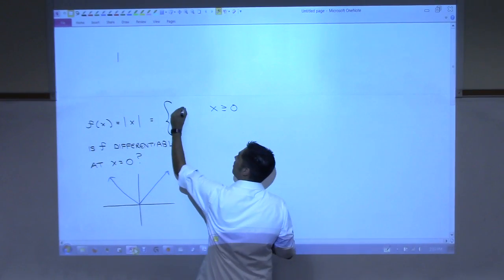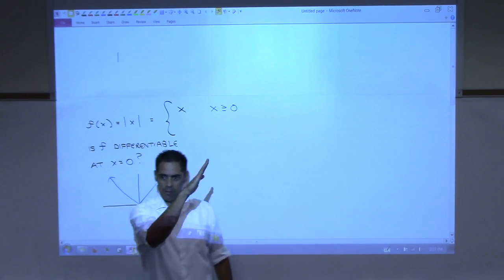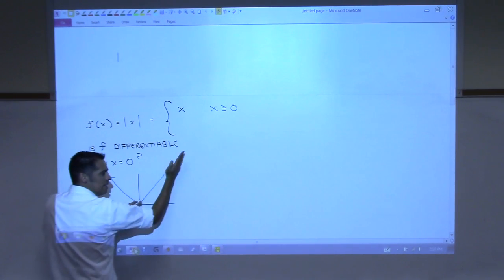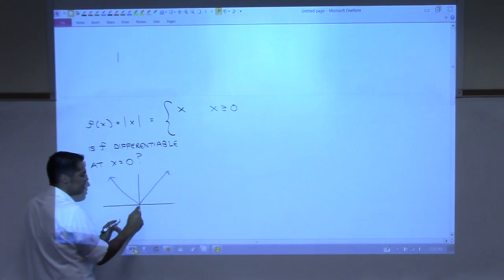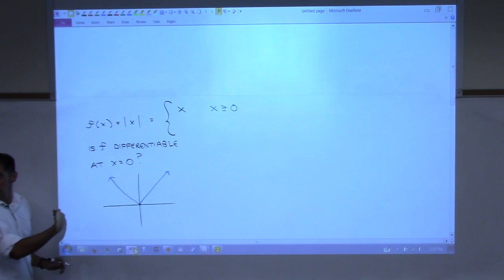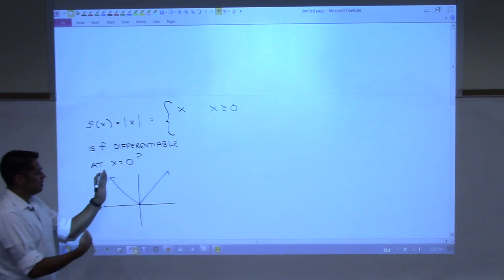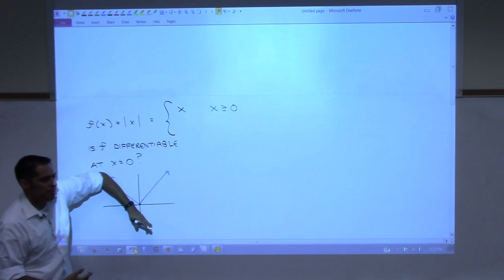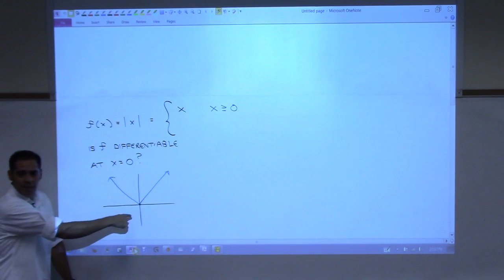It's just the identity function. But to the left of 0, it's the identity the other way, so it's negative x.